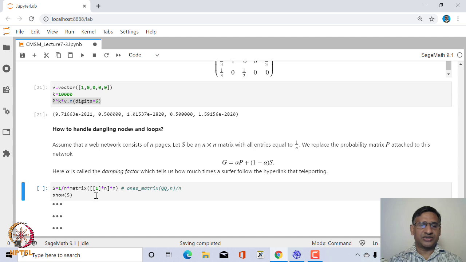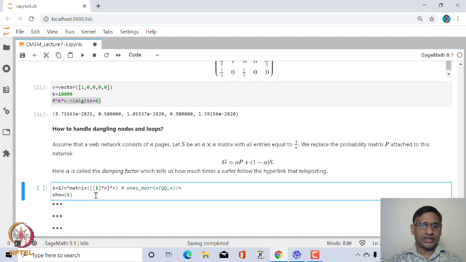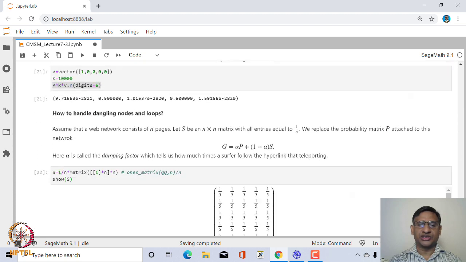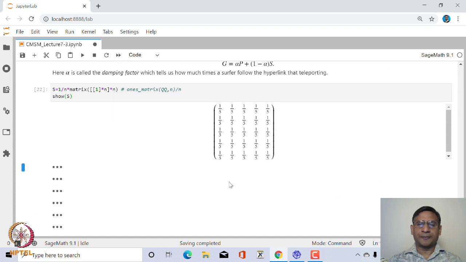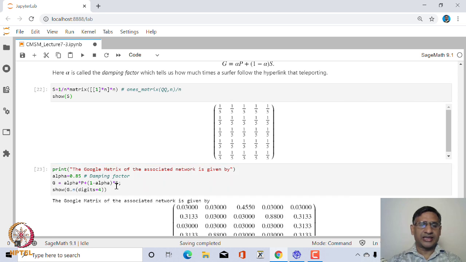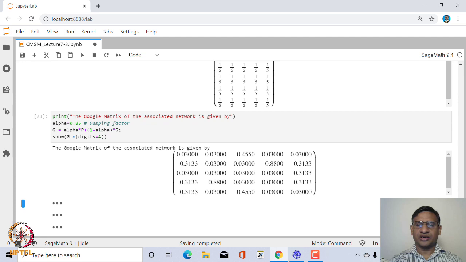So let us define this matrix S for the above network, which is a loop. This is S, and then let us define the Google matrix G, which is alpha times P plus 1 minus alpha times S, and take alpha to be 0.85, the damping factor. In this case the matrix updates to this.